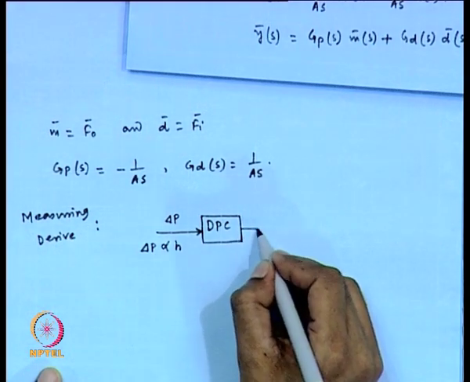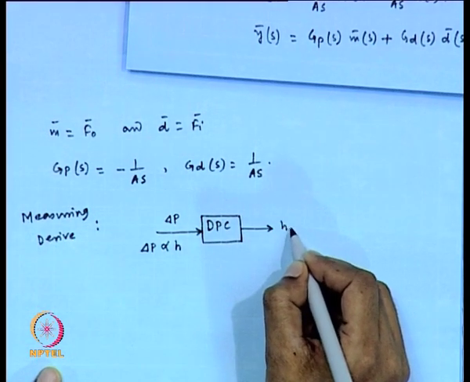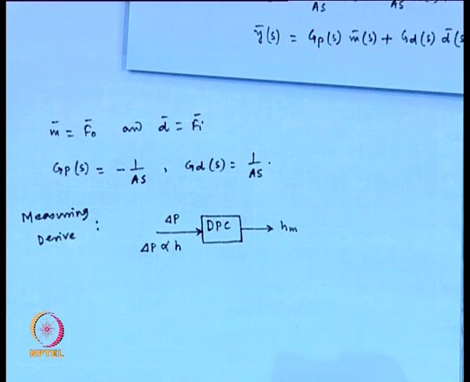What is the output? H_m. So, input is the pressure difference and output is H_m.